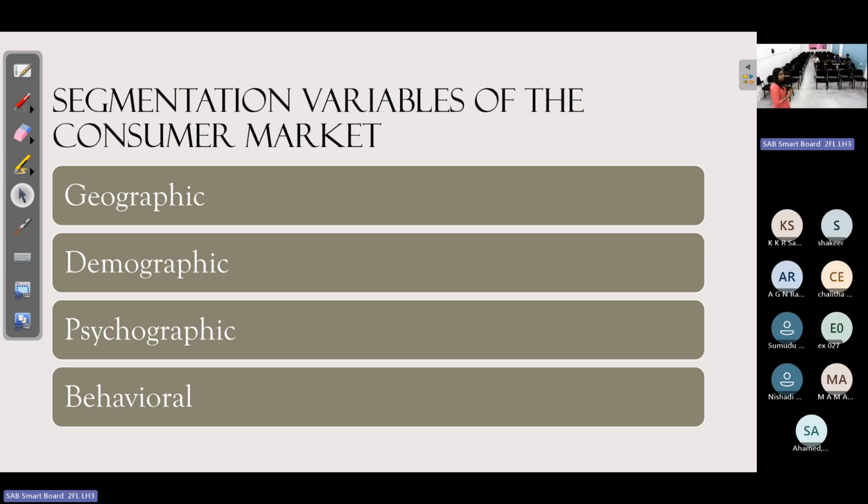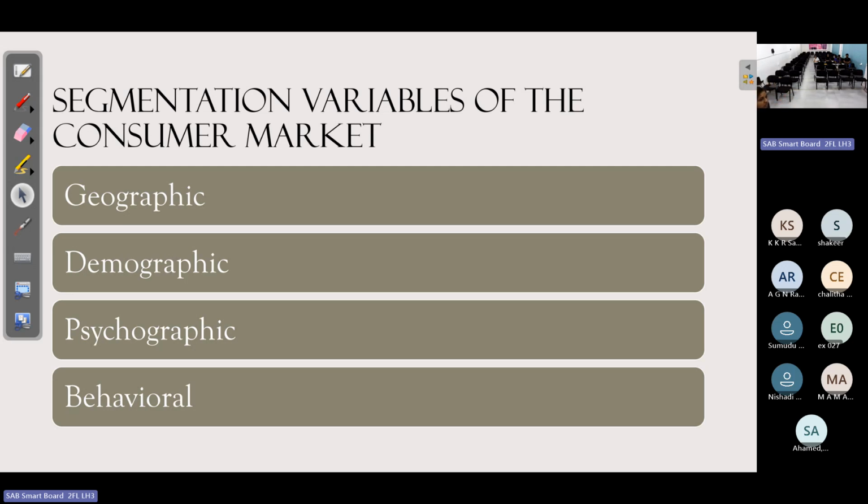Even with some products, on behavior we consider how often they use. Some products we tend to use usually, while some products we tend to use from time to time depending on the needs that we have. So based on that also we can think about how to select the segments.